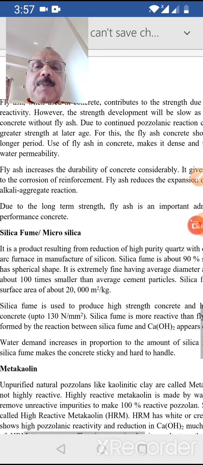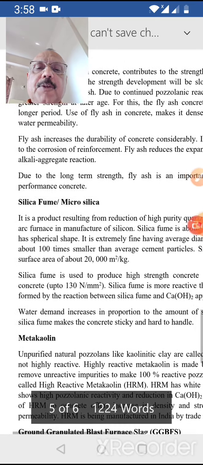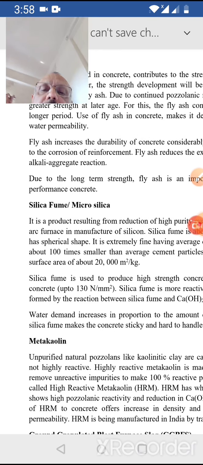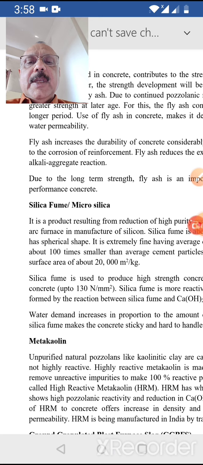One more again important but not much commonly used pozzolanic or mineral admixture, it is silica fume, or also it is called microsilica. It is still very finer than fly ash, but it is very costly.